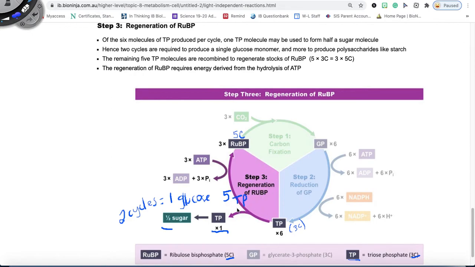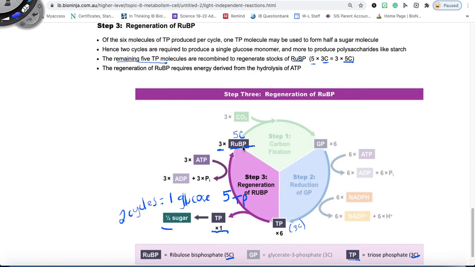Triose phosphate is a 3-carbon compound. The remaining 5 TP molecules are recombined to regenerate stocks of our RuBP. So I have 5 molecules of triose phosphate, a 3-carbon sugar, which is equivalent to 3 molecules of RuBP, a 5-carbon compound.